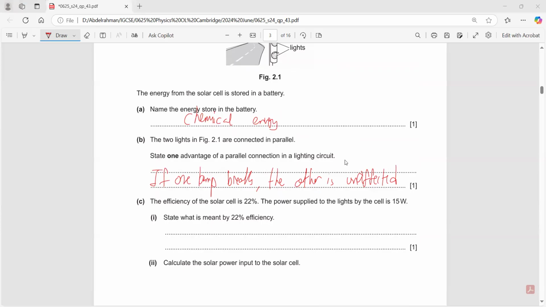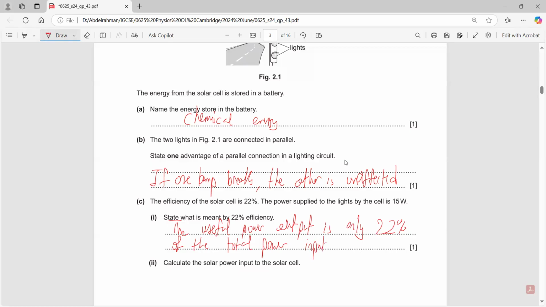It means that the useful power output is only 22% of the total power input.